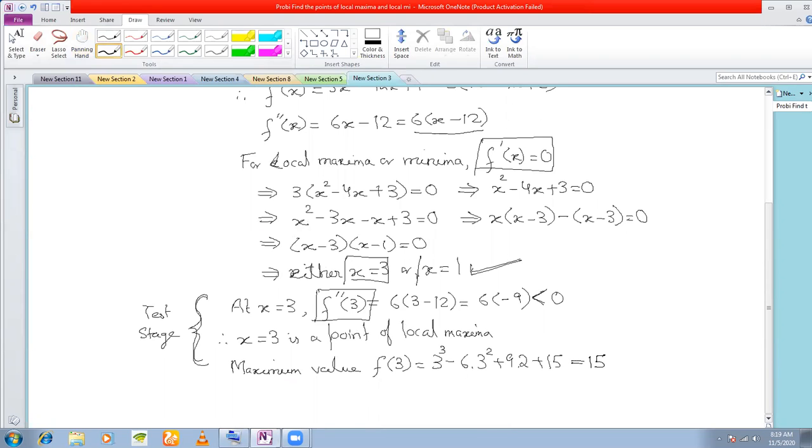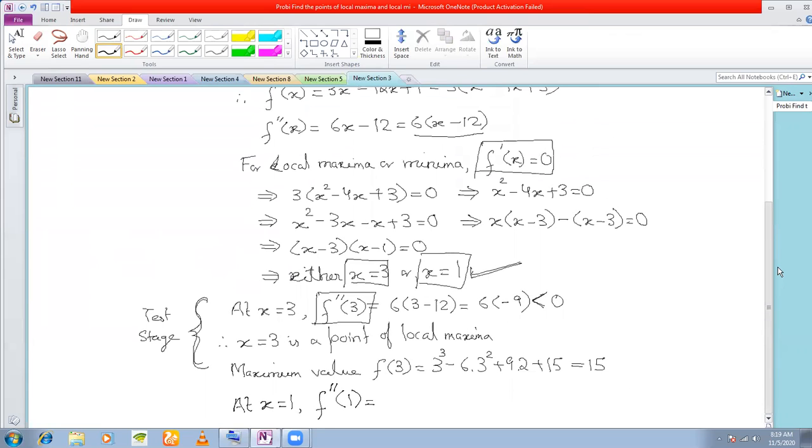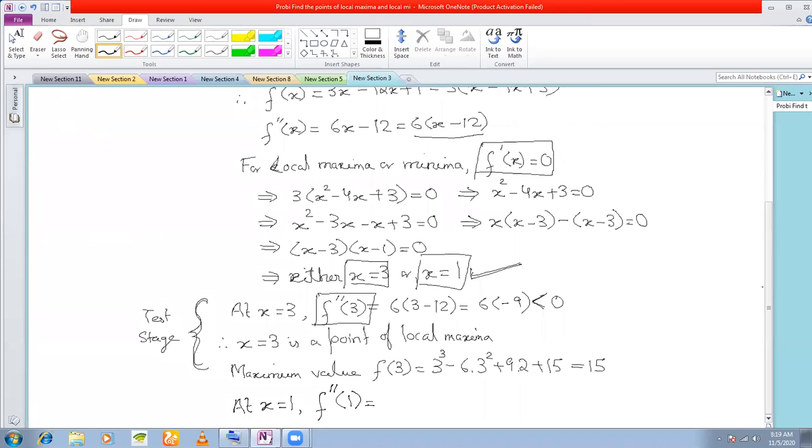Now we shall check for the next point, x is equal to 1. x is equal to 3 we checked. Now we check for x is equal to 1. Again the second derivative, because this is again the testing stage. f''(1) is equal to, and what is f'' here? 6x minus 12.